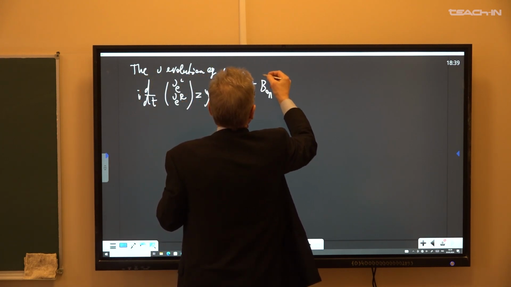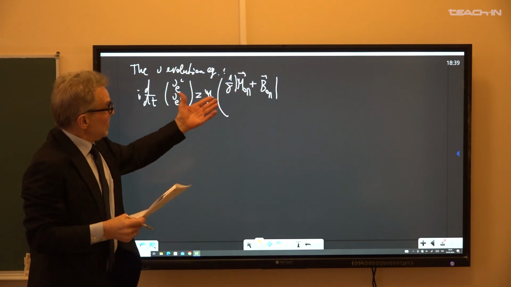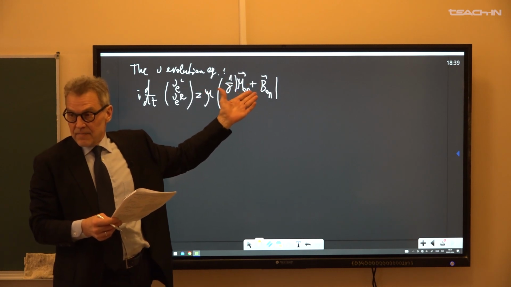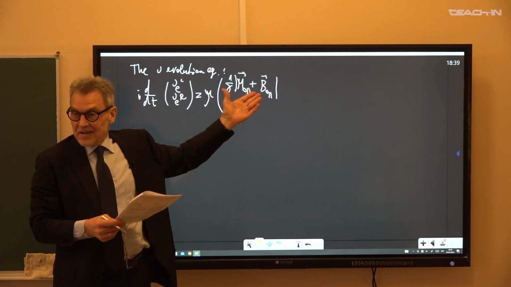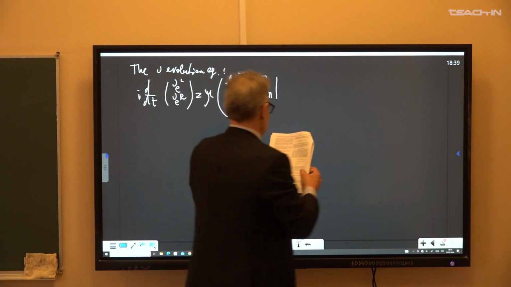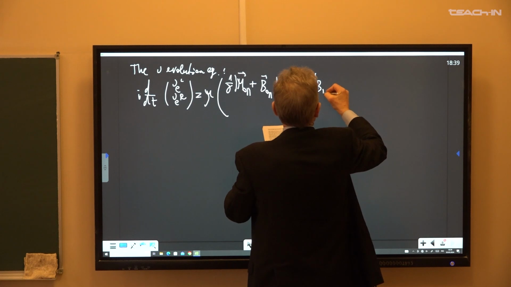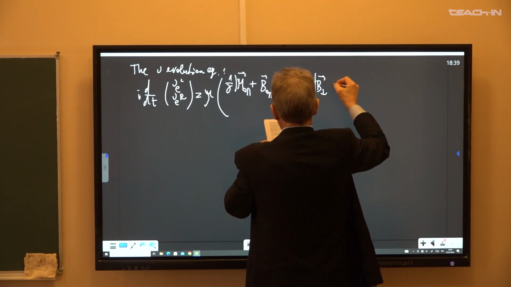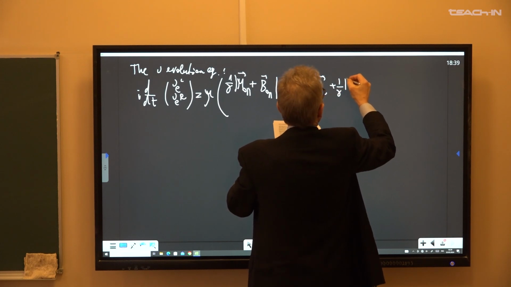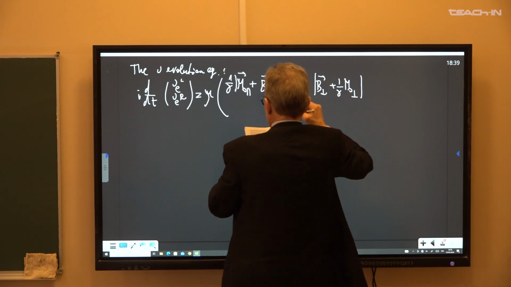B0 longitudinal modulus. The fact is that moving matter is really acting like an effective magnetic field. Then here we have the transversal matter magnetic field multiplied by 1 over gamma M0 transversal modulus.